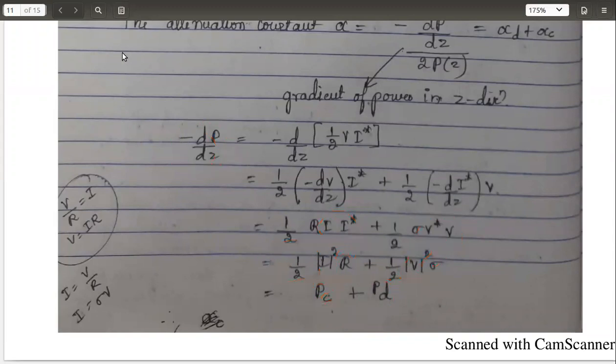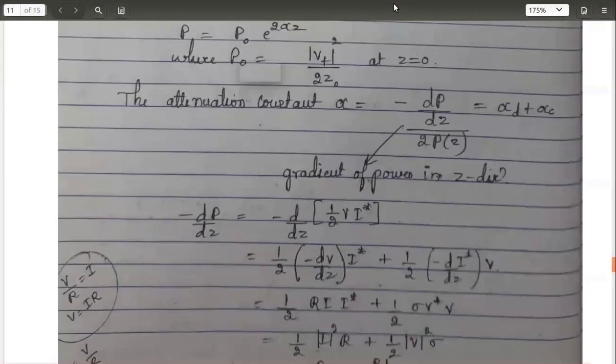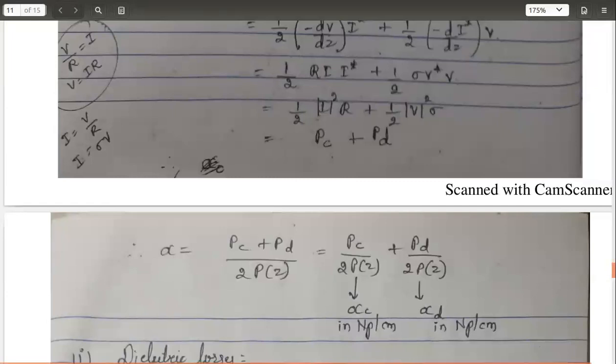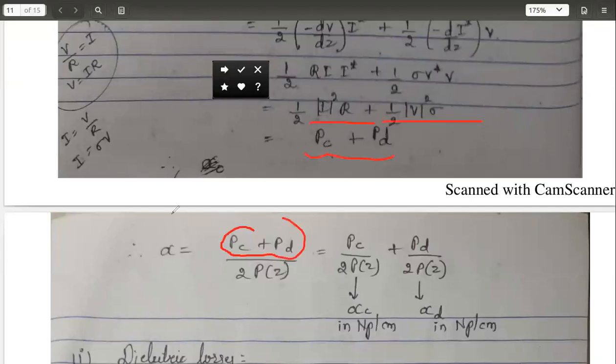I have taken the differentiation. So what I have done here, just this numerator value I have got. I have calculated its value here, right? So I will substitute that. In the next step, I will substitute this differentiation value. That differentiation value is nothing but PC plus PD, or this value.